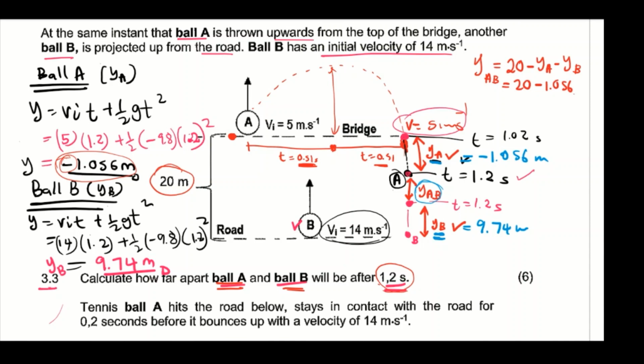And then we minus the y of B, which is 9.74. So if you subtract 1.056 and 9.74 from 20, you're going to get y of AB equal to 9.2 meters.